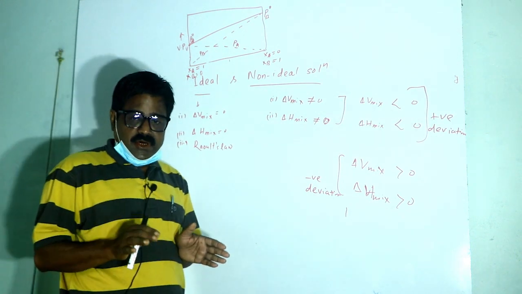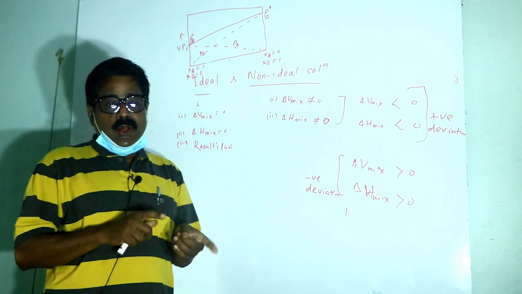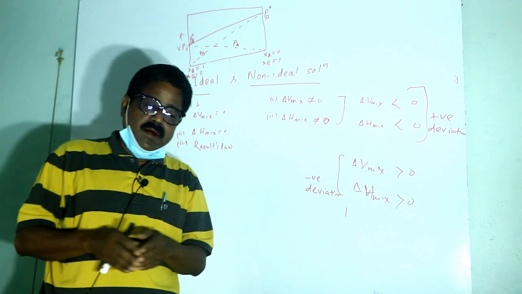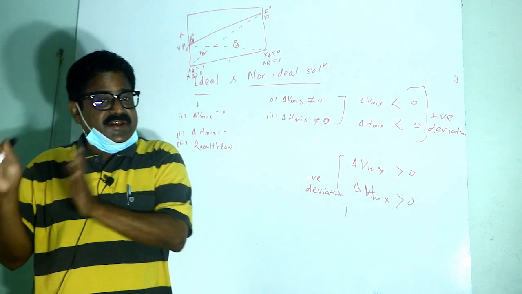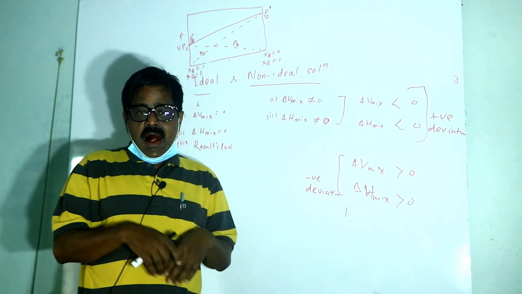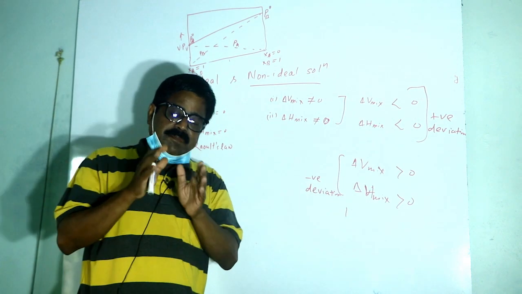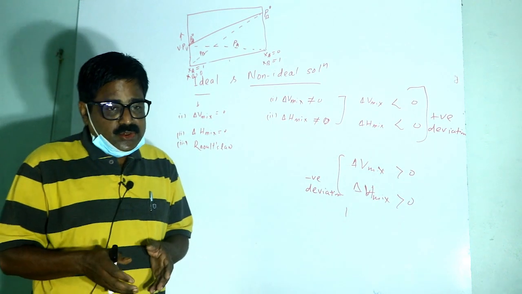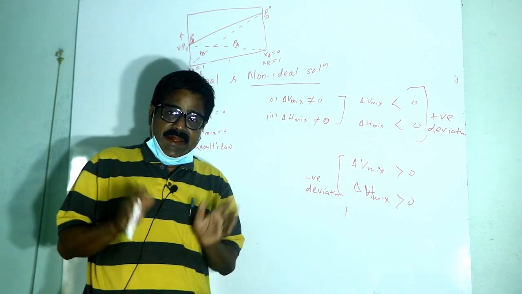In a non-ideal solution, the solute-solvent interaction is different from the solute-solute and solvent-solvent interactions. The interaction between the molecules of solute-solute and between solvent-solvent is different from when they are mixed together, giving rise to a solution where the solvent-solute interactions are different.